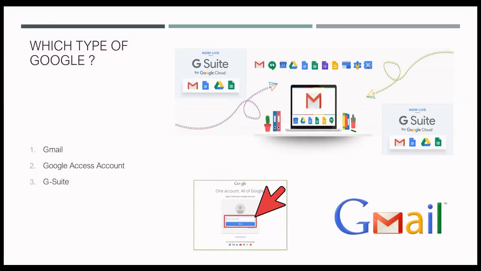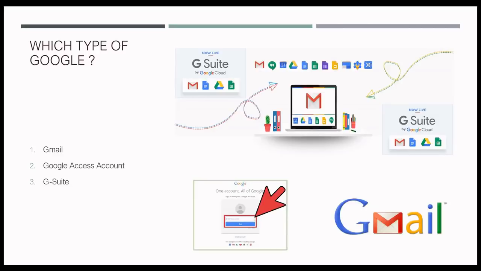Different types of Google account are there. Basically there are 3 types of Google account. That is Gmail, which is more of a personalized Gmail account which can be used for mailing purposes. Many of you have registered with that email account in our FDP. The other one is One Account, that Google gives for your personalized things.